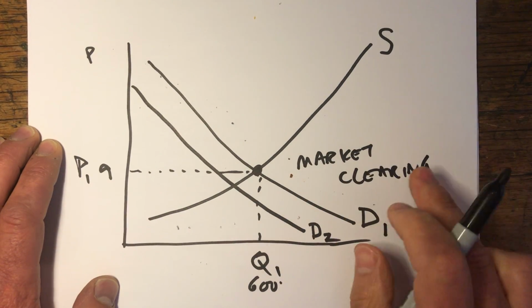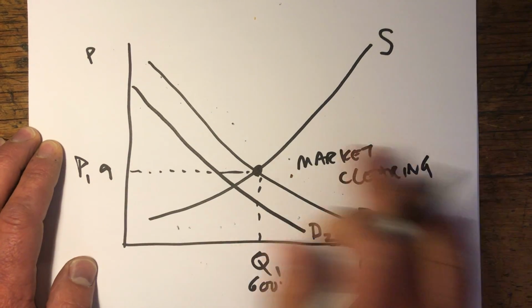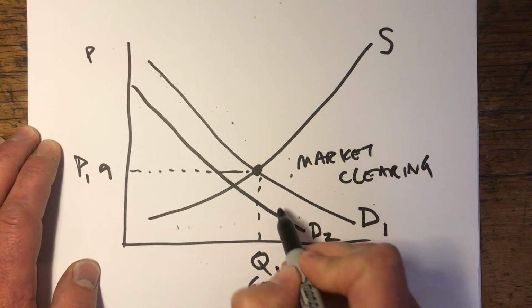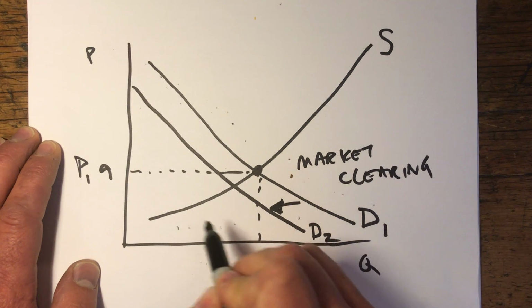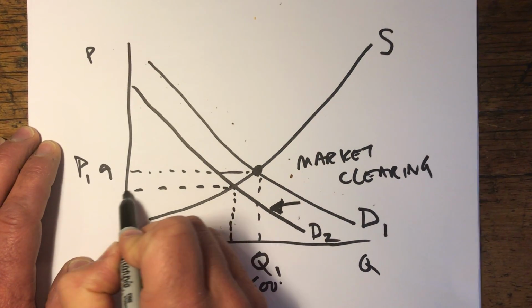So that's the market clearing quantity, and that's the market clearing price over there. So what happens when we see this demand shock moving this way is we're going to see a new market clearing price and quantity.